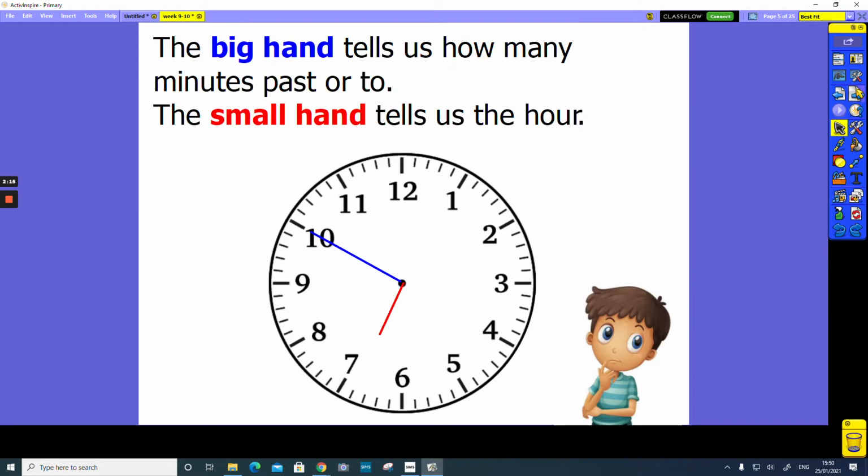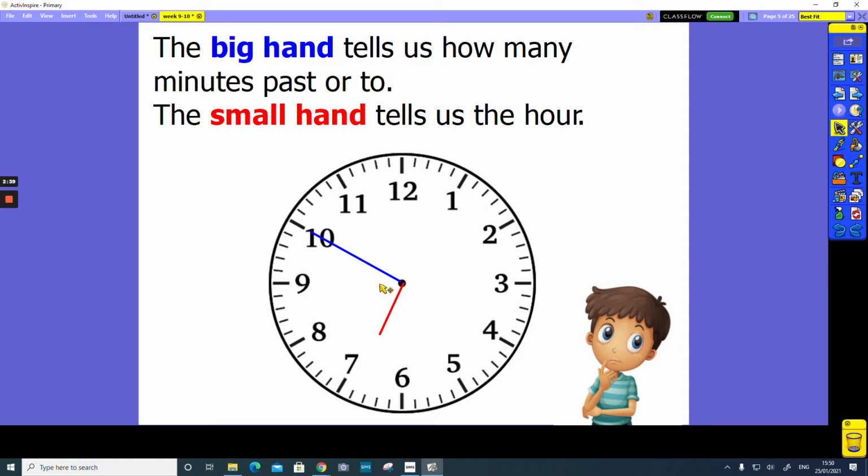Have a go at this one. Very good. So remember, the big hand, the blue hand, tells us how many minutes past or to.